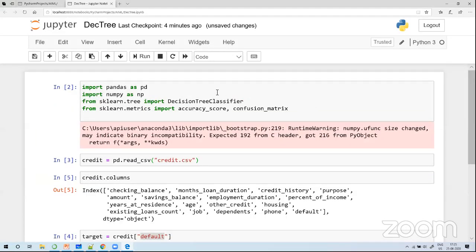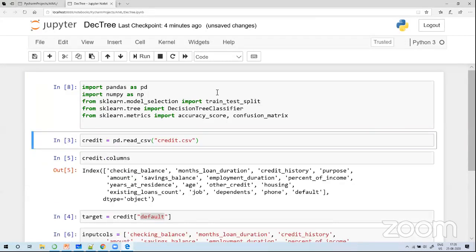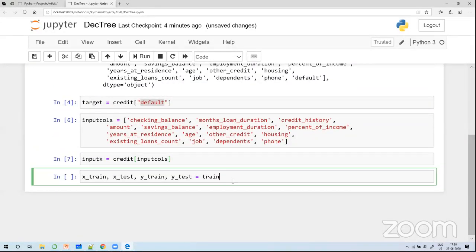We did not call it. From sklearn dot model underscore selection import train test split. Good.